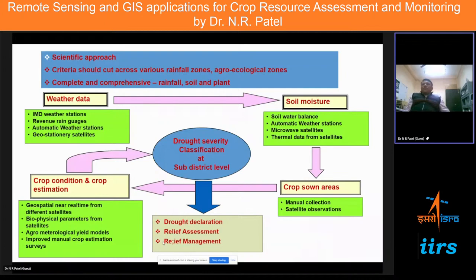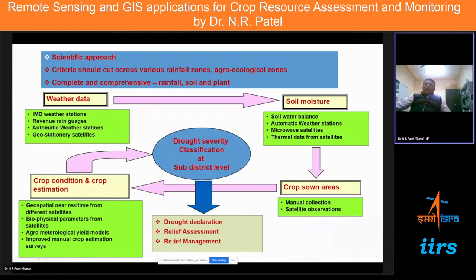So how this approach has evolved for agriculture drought monitoring with satellite remote sensing, because it is not only optical satellite data. There are many satellites operating in different orbits that provide vital space observation to help monitor agriculture as well as agriculture drought.